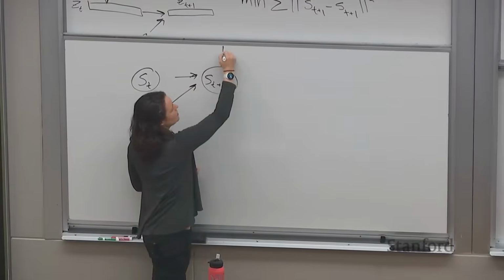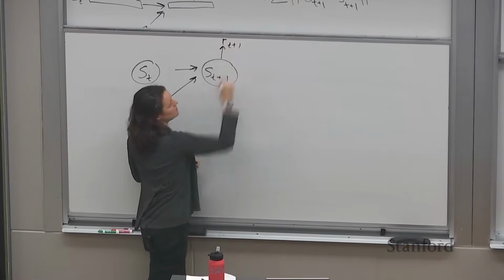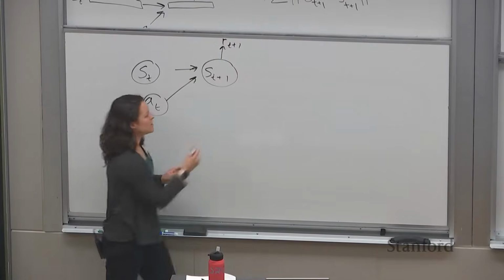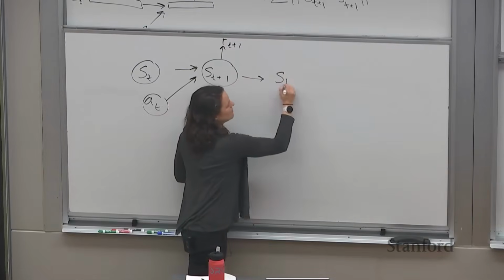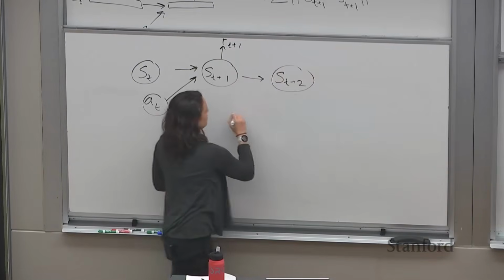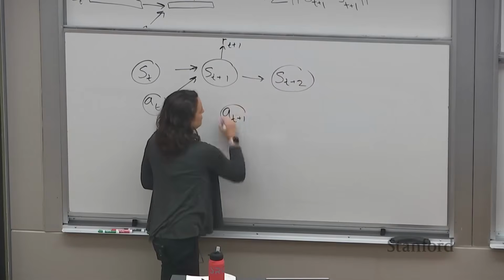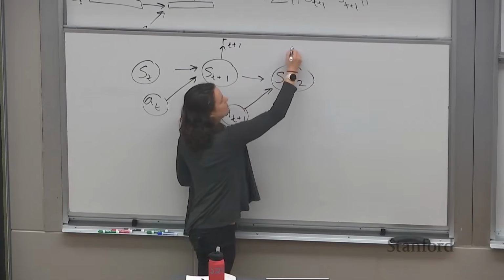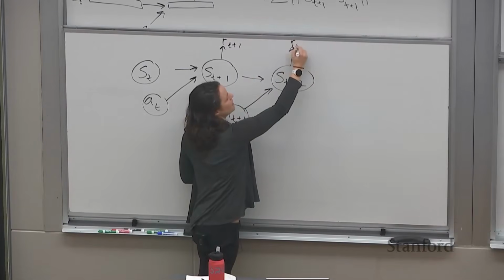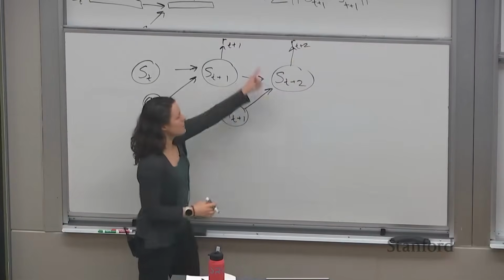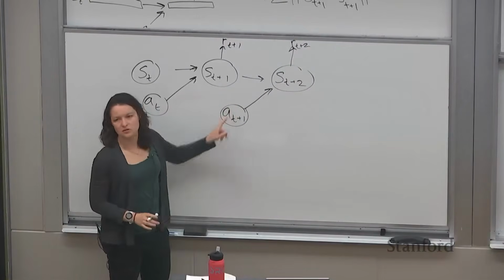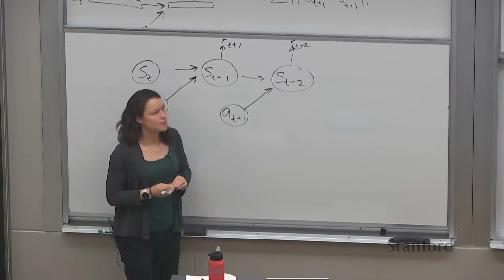As a result, you'll also get some future reward. Then this process will repeat. You'll take another action that influences the state after that, which will yield some additional reward. This reward might also depend on the action that you took.